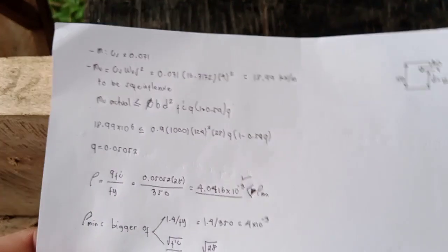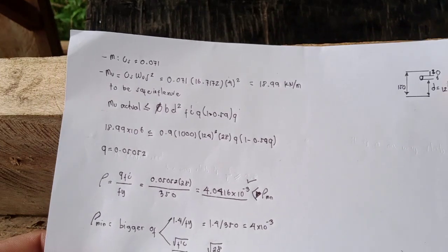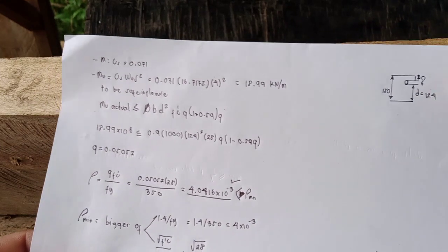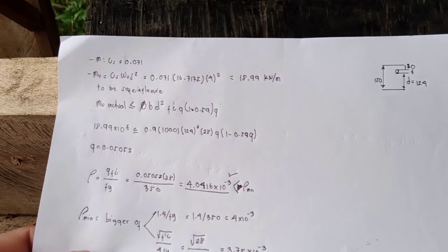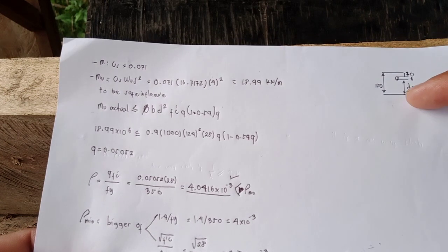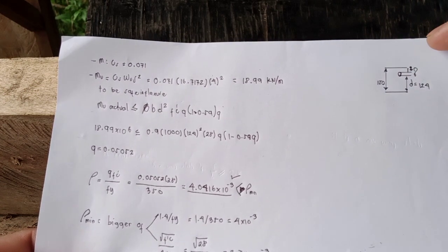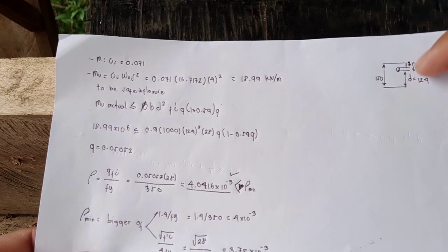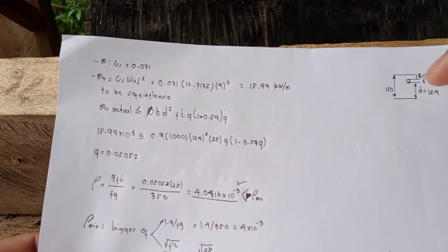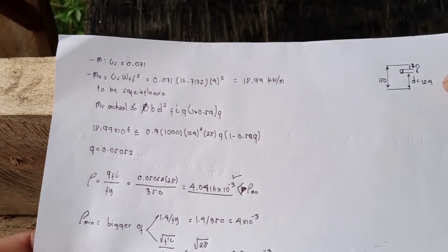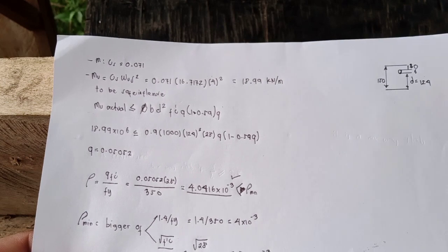I'll be using a 12 millimeter bar, so this is 6. So we can get d: we subtract 20 plus 6, 26, from 150. So we can get d equals 124.